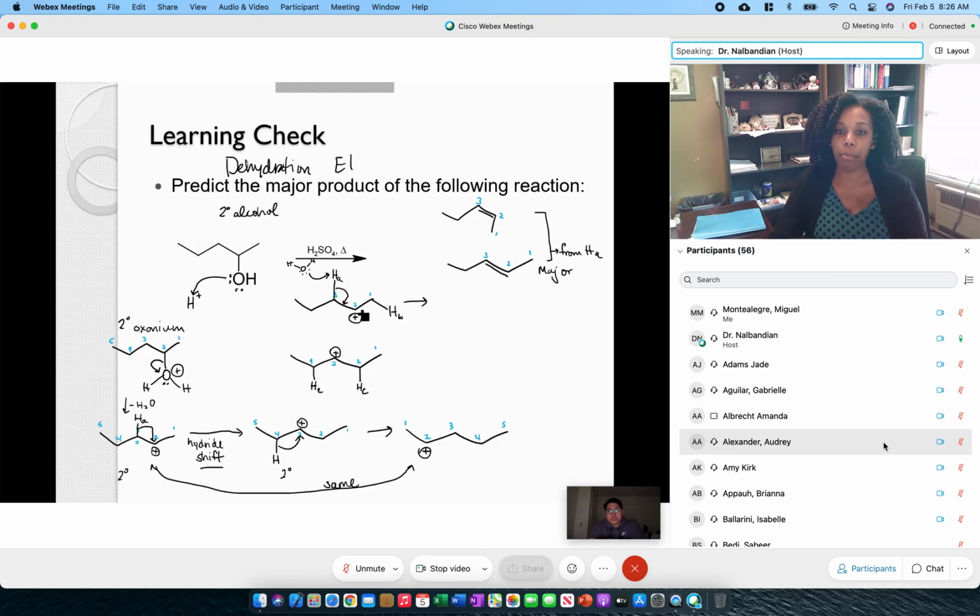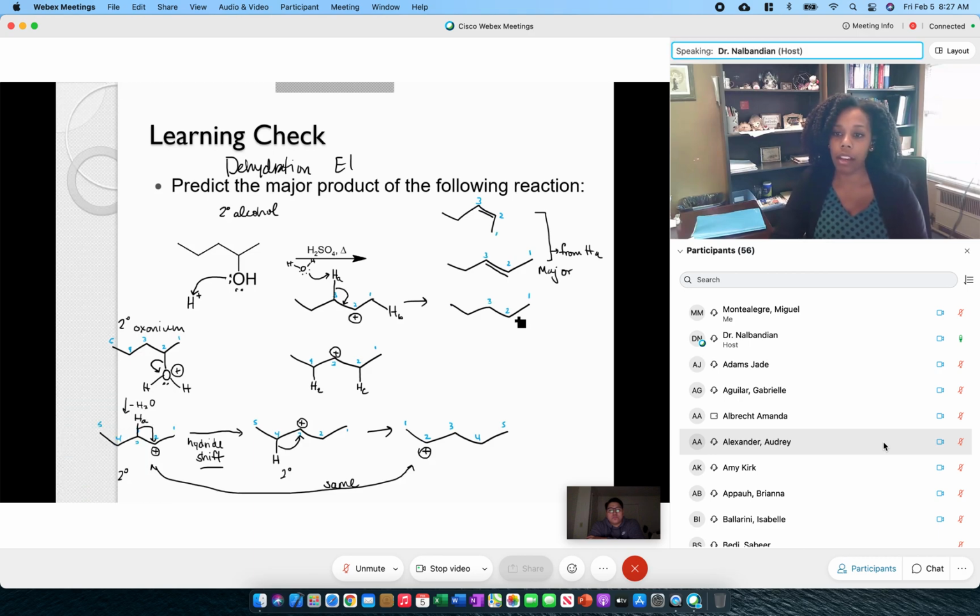And then from HB, I'm not going to show the arrow, but it's the same type of arrows, an arrow starting from the lone pair on water, ending at HB. That's how we would end up with this double bond, carbon 1, carbon 2, carbon 3. So between carbons 1 and 2, we have that double bond there.